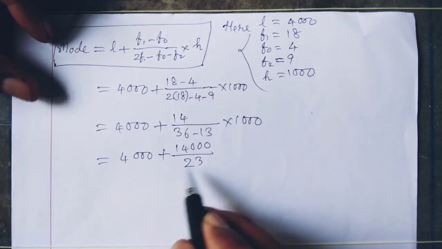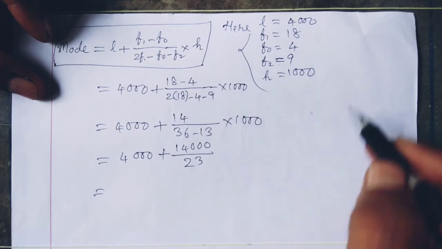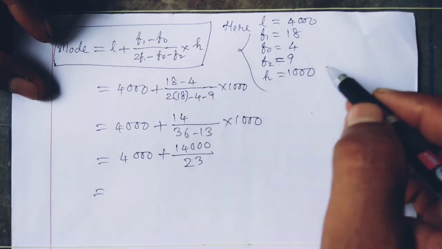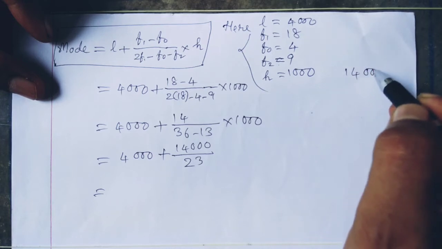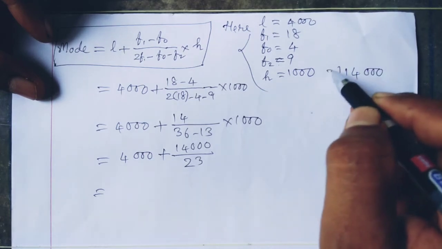To find this value, we have to divide 14,000 with 23.